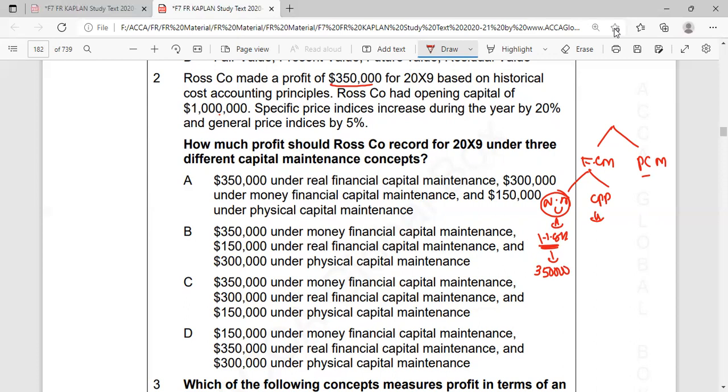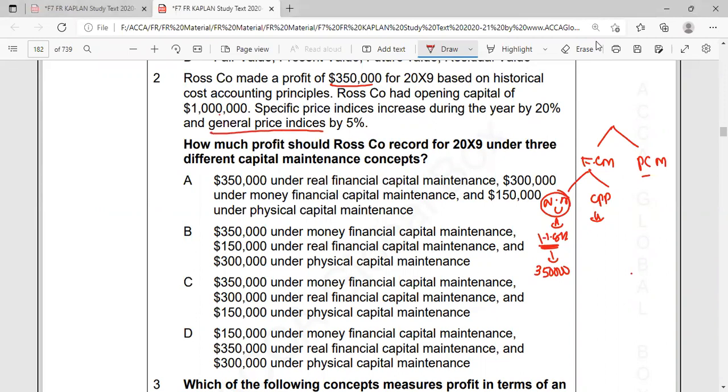we have to consider what? The changes in the purchasing power. Then how to calculate? In case of the constant purchasing power, we have to consider general price indices.